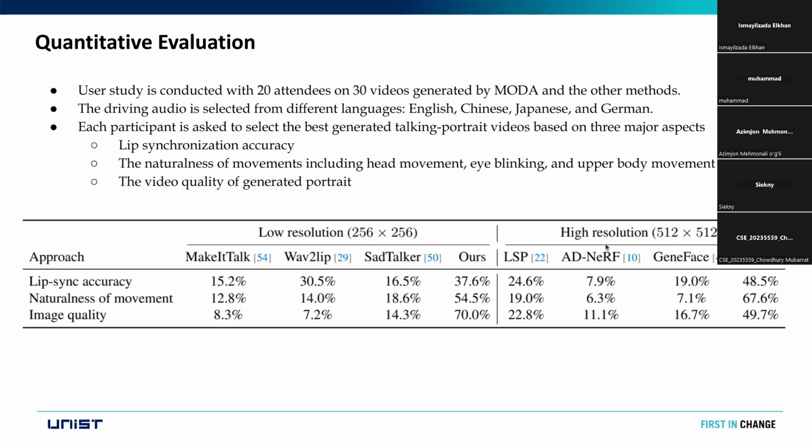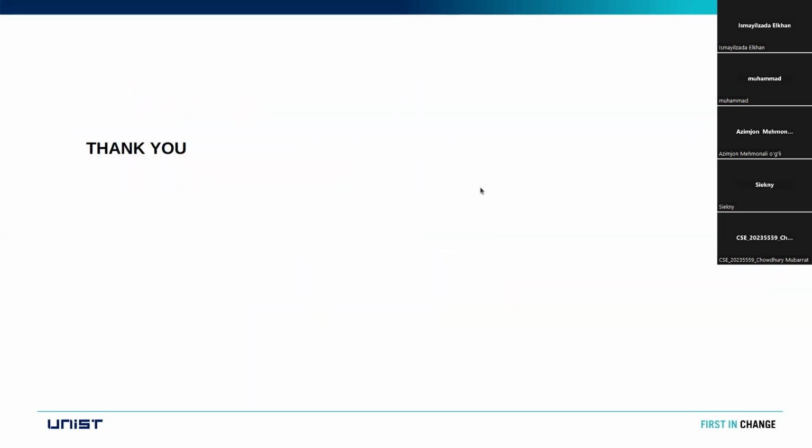And this is the result of the qualitative evaluation compared to Make It Talk, Wav2Lip, and SadTalker networks. As we can see, their network is superior in both lower resolution and high resolution based on qualitative evaluation. Thank you. This was all from me.